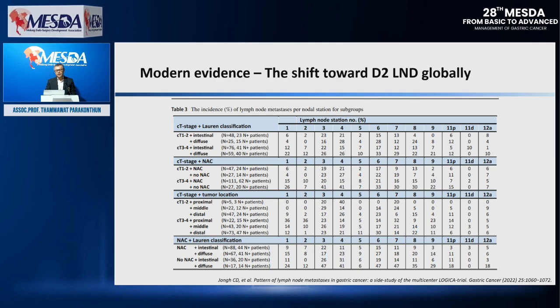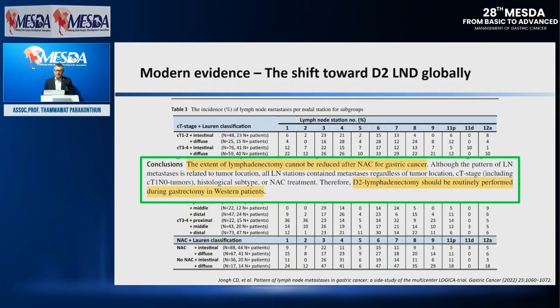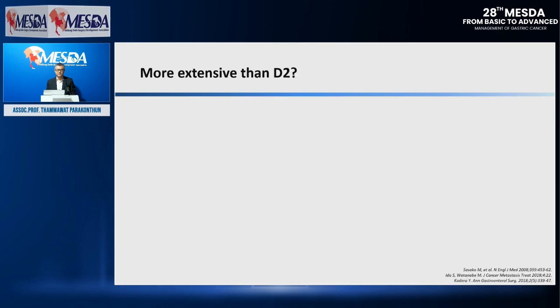And the clinical T stage did not limit the incidence of lymph node metastasis. So they recommend that although a patient gets neoadjuvant chemotherapy before surgery, D2 lymphadenectomy is routinely performed after the chemotherapy. Neoadjuvant chemotherapy cannot reduce the extent of lymph node dissection for Western patients.